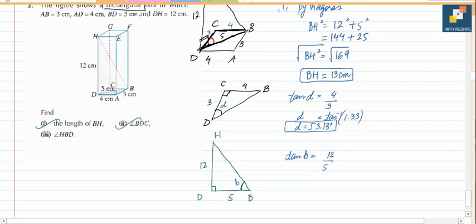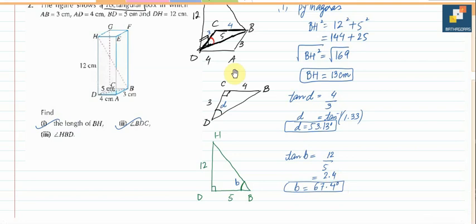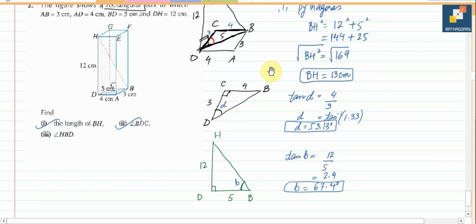So 12 divided by 5, it's 2.4, and the tan inverse of 2.4 is 67.4 degree. That is your answer, right? So you can observe by yourself. The main thing is to draw these figures. Once you draw these figures, so the working part is very easy.